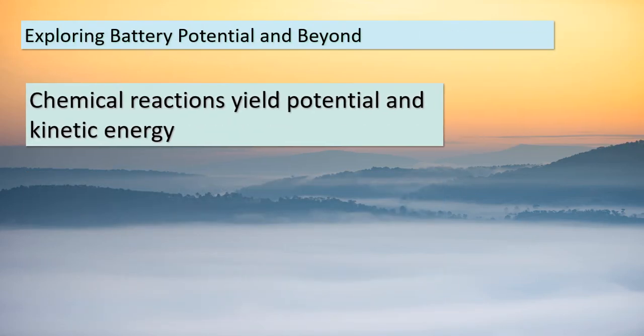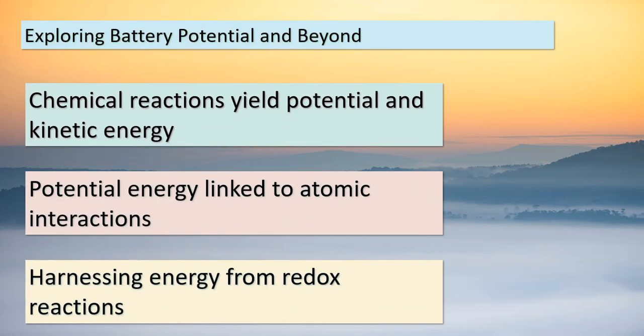As we continue our exploration, students, let's dive even deeper into the concept of battery potential and its broader implications. When we talk about battery potential, we're essentially discussing the energy stored within a battery. This energy is derived from the intricate dance of chemical reactions, which involve the transfer of electrons and the rearrangement of atoms.